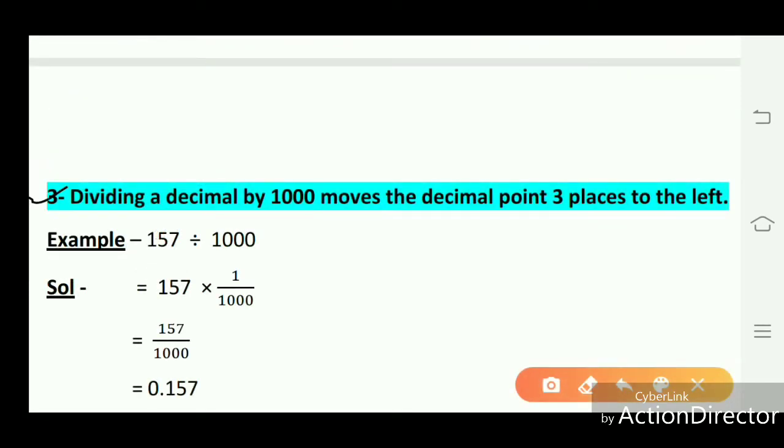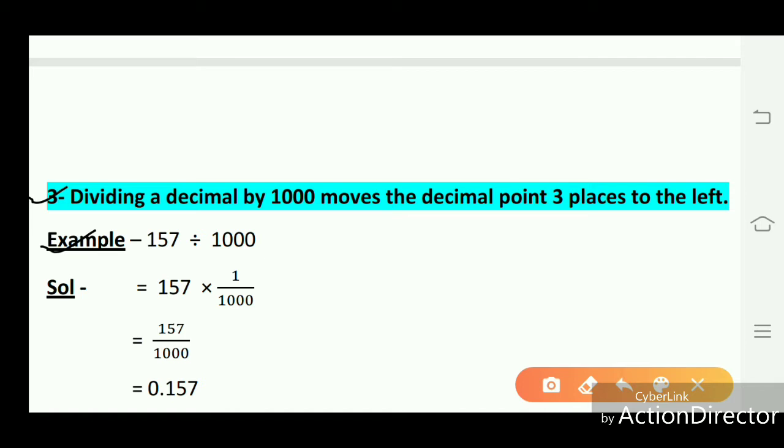Number 3. Dividing a decimal by 1000 moves the decimal point 3 places to the left. Example: 157 divided by 1000. So here the divide symbol changes into multiplication and we take the reciprocal of the second number, 1 upon 1000.